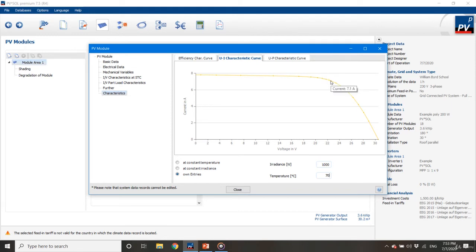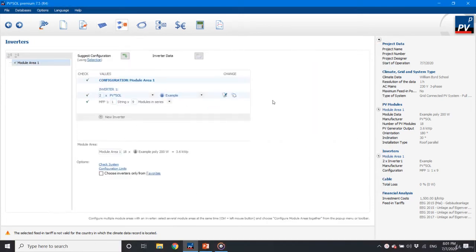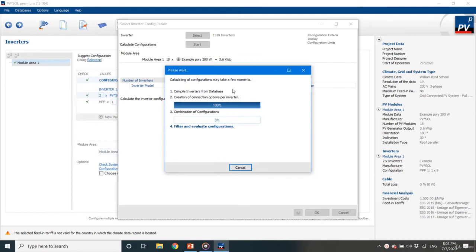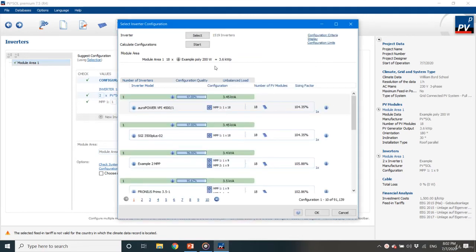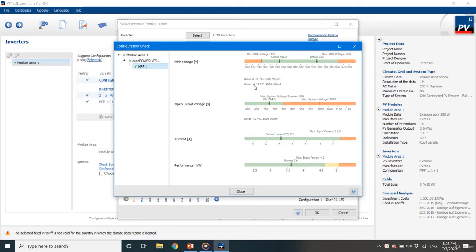So here it's approximately 23 volts. So 23 multiplied by 18 is 414 volts. Back again. Those are approximately the minimum and maximum voltages, and those are the inverter's range.